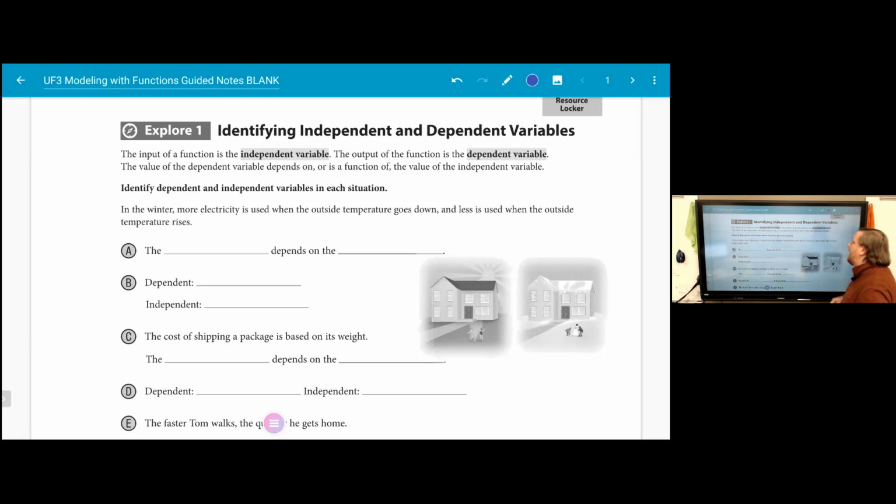Identify the dependent and independent variables in each situation. In winter, more electricity is used when the outside temperature goes down and less is used when the outside temperature rises. So what depends on what in this case? In other words, the electricity use depends on the temperature.